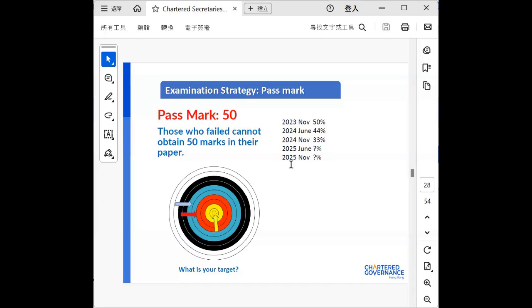It's quite difficult to get full marks. 80% and 90% is quite difficult. Normally, you may get one or two questions with a little bit higher marks, but it's quite difficult to get high marks for all the four questions that you answer.